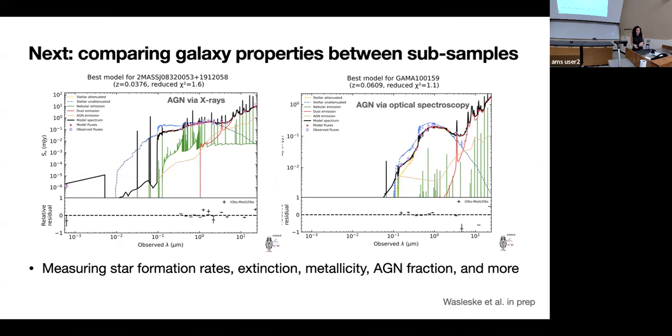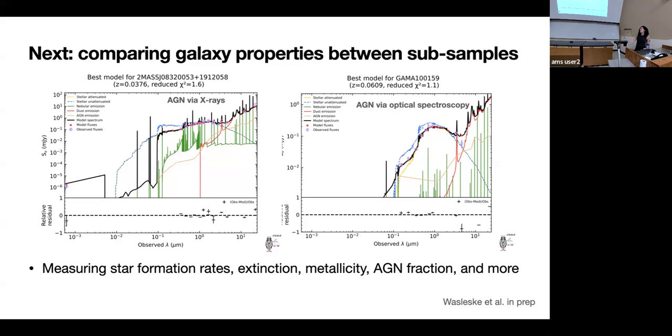As the next step in that work, Eric is comparing the galaxy properties between all of these different subsamples. So these are spectral energy distributions where you take a lot of multi-wavelength data for your object and basically come up with a model for the stars and the black hole and how all of those different components contribute to the overall photometric observables.